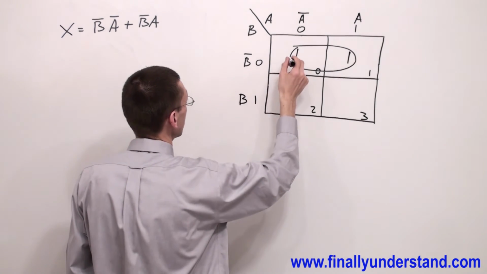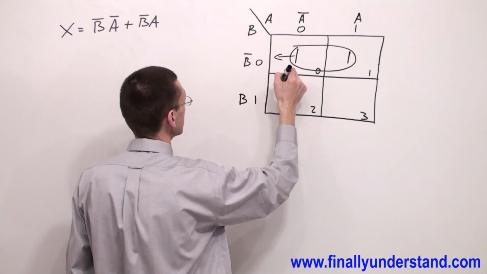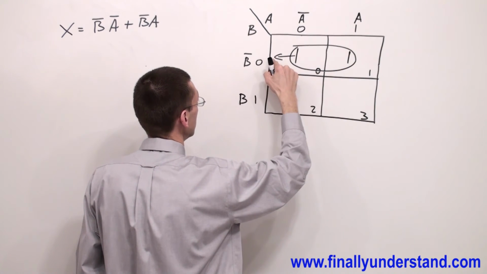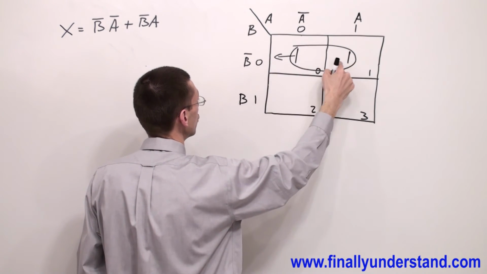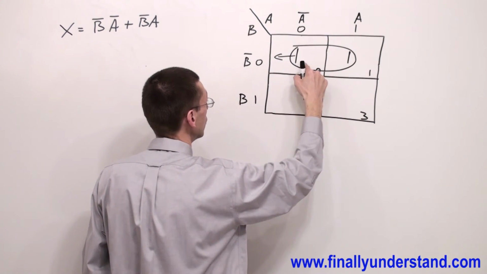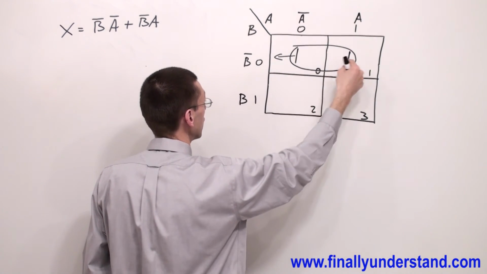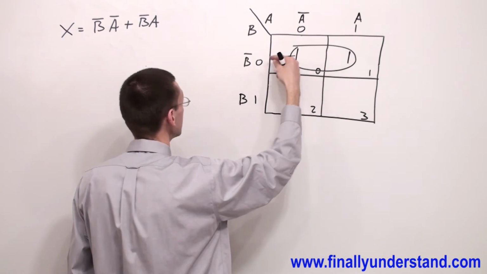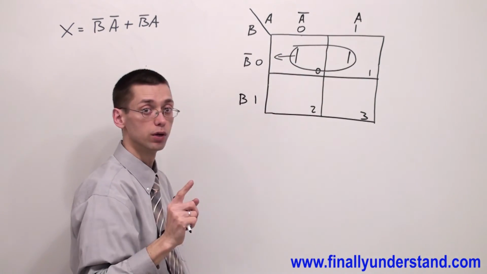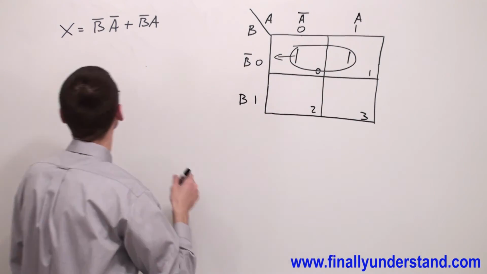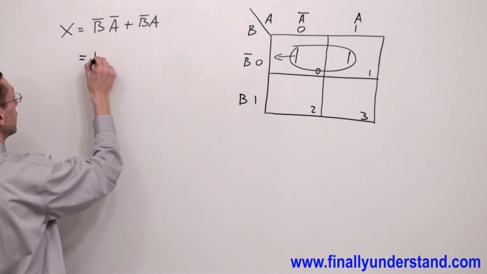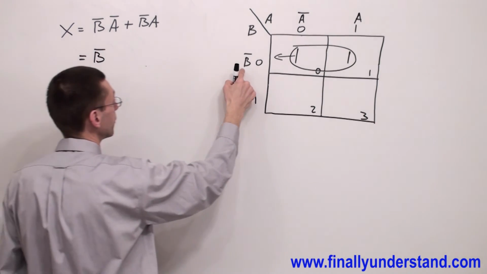Next, I'm supposed to check what I have on the left side of my group. This group is placed in 1 row and 2 columns. Remember, whatever we have on the side of 1 row, we simply copy down. That's why I'm going to write this is equal B not.